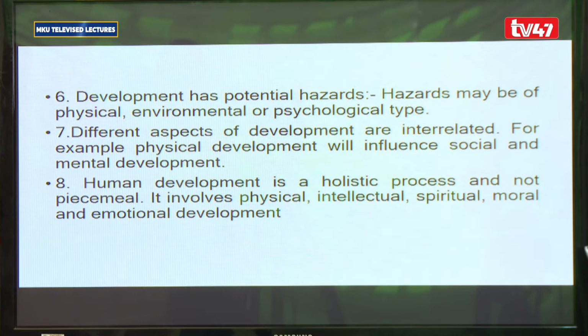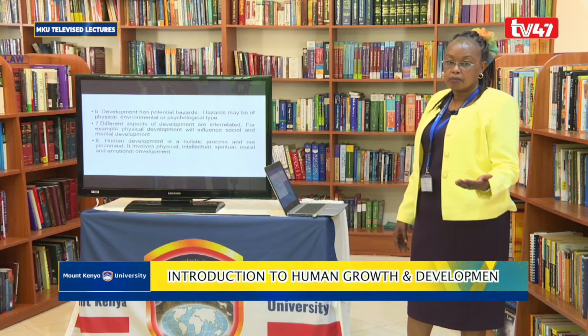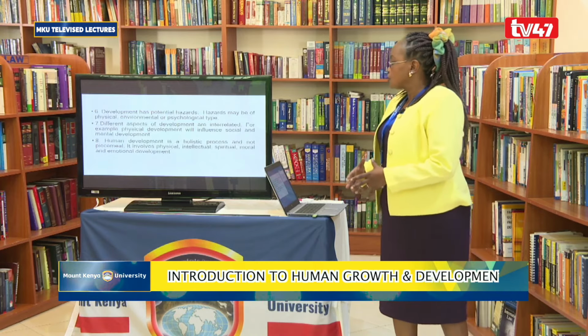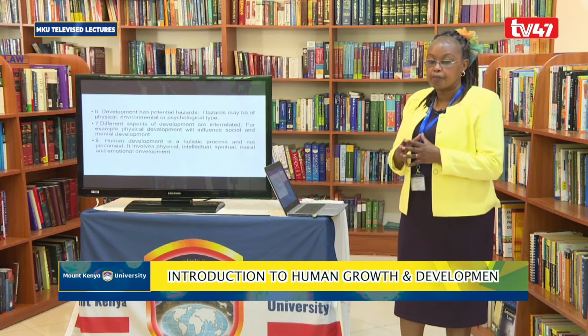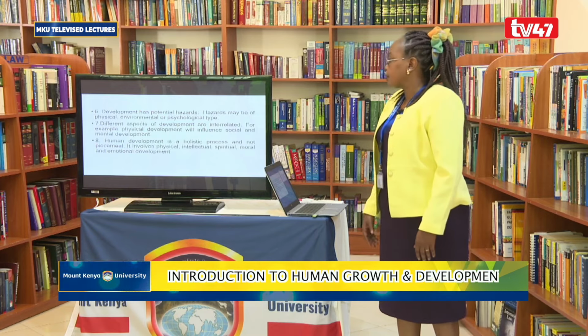Number 7, different aspects of development are interrelated. Now, what are these different aspects? We have social, we have cognitive, we have physical, we have moral, and the rest. So what will happen is that a change in one aspect of development affects all the others. For example, if a child is not getting adequate nutrition, then of course all the other aspects of development are affected.